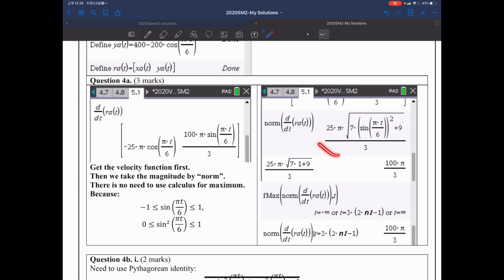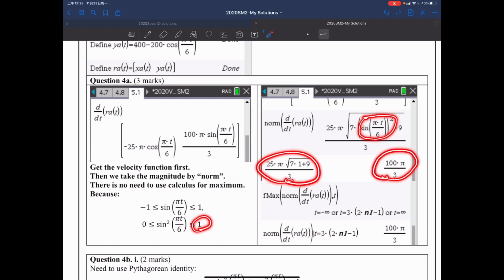So if you want to maximize that, you want to maximize the square root. To maximize the square root, you need to maximize the inner function, which means you can choose the biggest value of sine squared, which is 1. Here comes our maximum speed by substituting the whole thing with 1, okay?